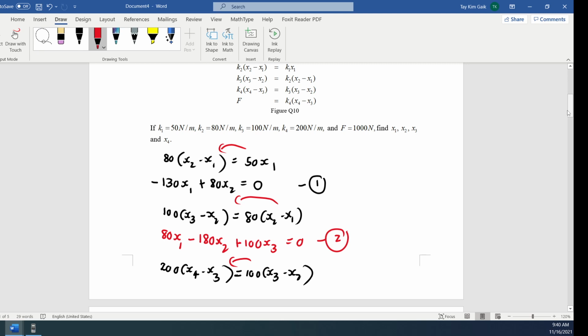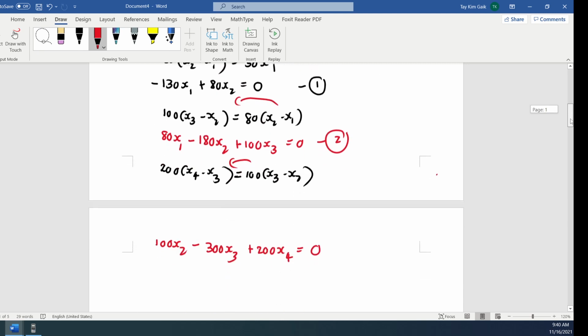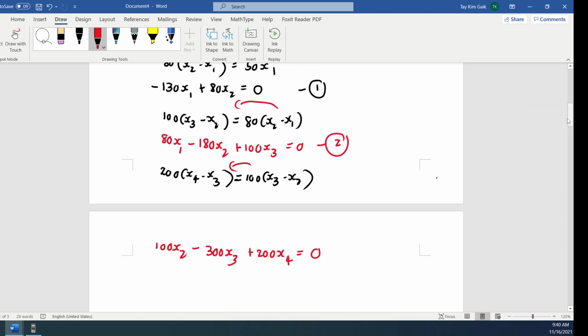This is positive, minus, minus, correct. The third equation: K4 is 200 times (x4 minus x3), K3 is 100. Collecting the same terms, 200 x4, x3 you have minus 200 and minus 100, so minus 300, and x2 brought to the left side is positive. So this is equation 3.